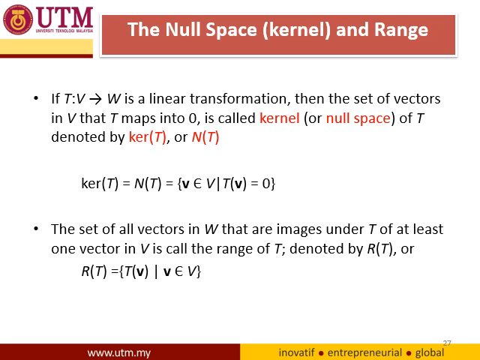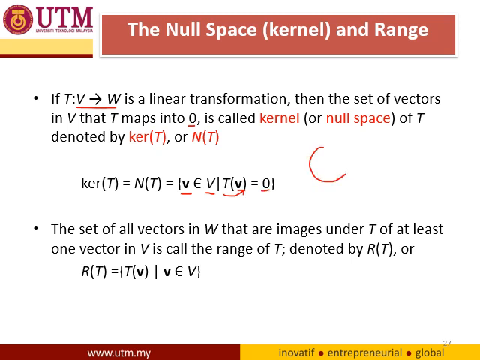Okay, the null space, kernel and range. So if T, transformation of V to W, is a linear transformation, then the set of vectors in V that the transformation maps into 0 is called the kernel or null space. And the v here is in V, alright? When it transforms, it will show 0.